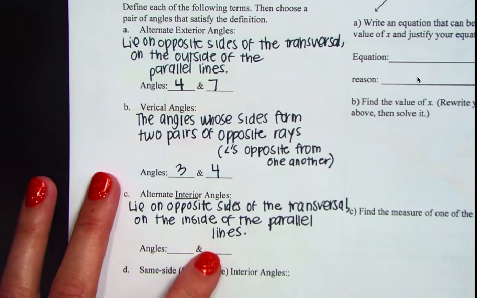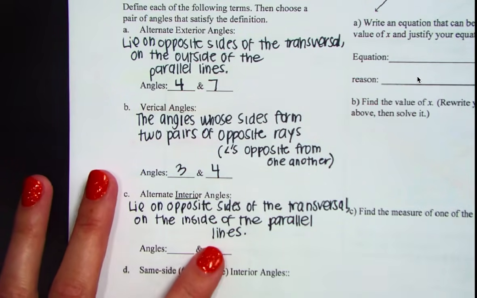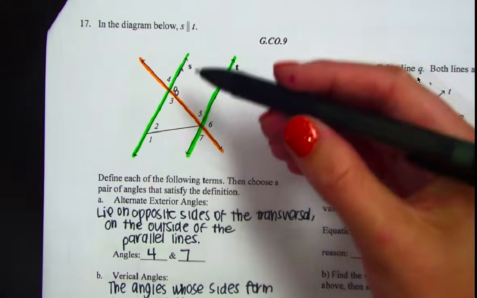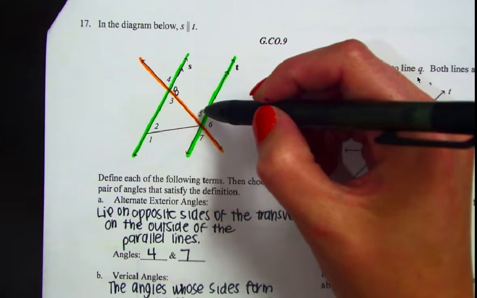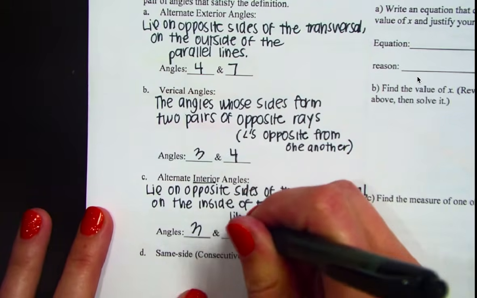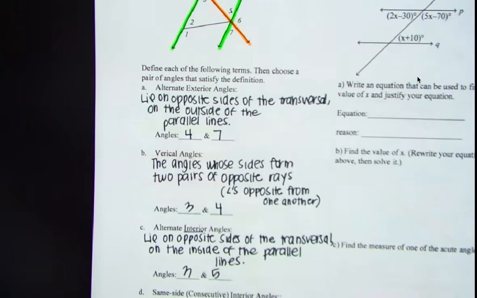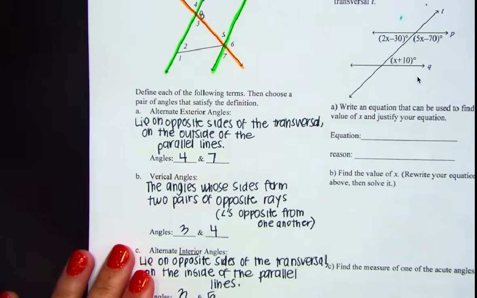So we will look on the inside of our parallel lines, opposite sides of the transversal, and we have angle 3 and angle 5. Angle 3 and angle 5 are an example of that. Alternate interior.